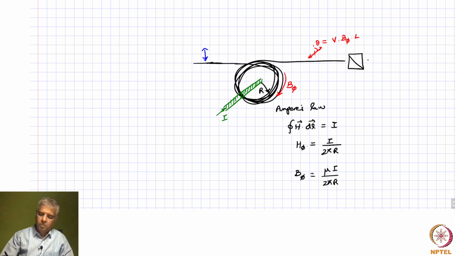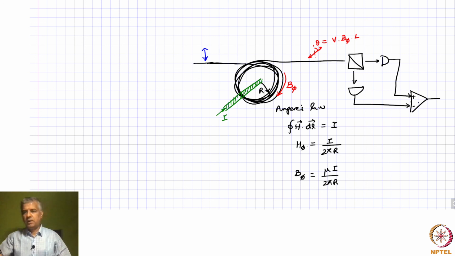We have this polarization beam splitter that picks up the orthogonally polarized components, and you take them into a balanced or differential circuit, and then you can get your current, let's call it I_D, the current that's detected.